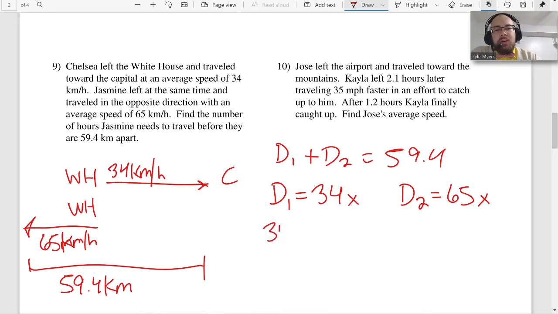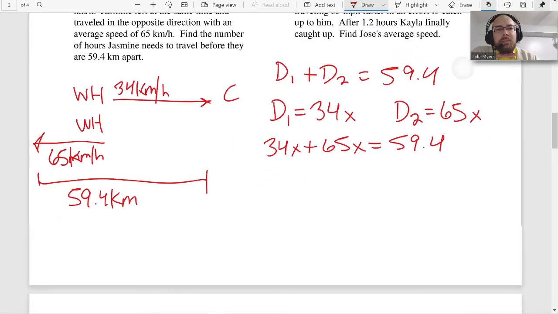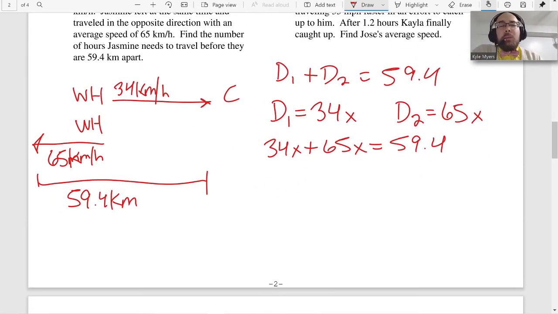So then we have 34x plus 65x equals 59.4. And there's our equation, right? A little different, but I told you from the beginning, pretty much all the time here, we're either going to set the distances equal to each other, or we're going to add them up to a total.